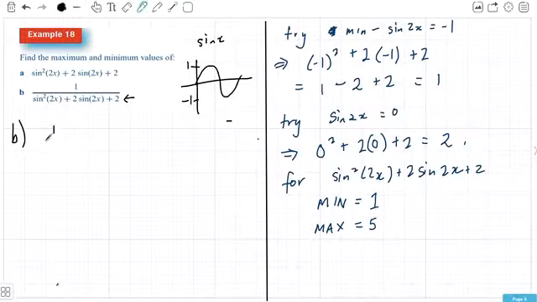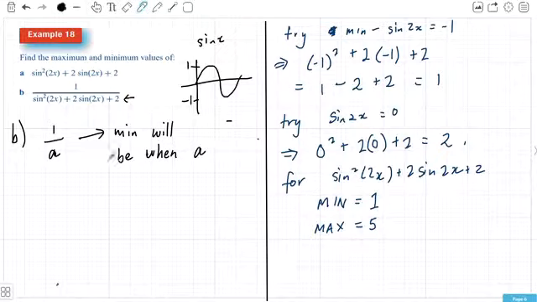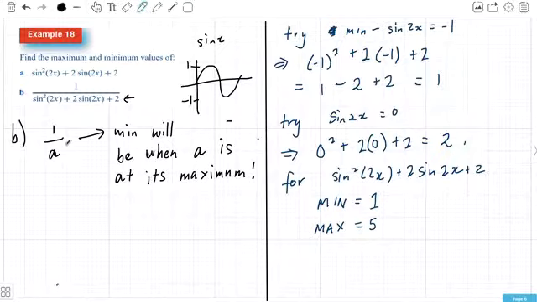So again, if I had something like 1 over A, the minimum will be when A, whatever A is, is at its biggest or at its maximum. And that's because you're dividing 1 by the biggest possible thing that you can. That's making this as small as you can.